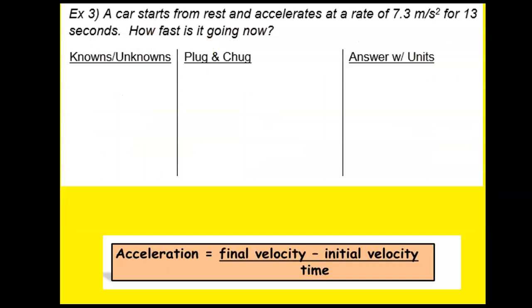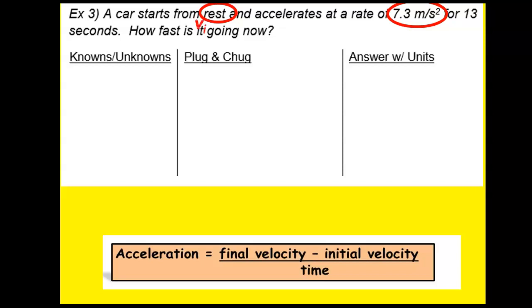All right, the last problem that we will be doing on your sheet is this one. I have a car that starts from rest, meaning it starts at 0 meters per second. It accelerates at a rate of 7.3 meters per second squared for 13 seconds. How fast is it going now? So again, I have rest, which is starts from, so that's my 0 meters per second. Then it says accelerates at 7.3 meters per second squared. Again, meters per second squared tells me that it is acceleration.